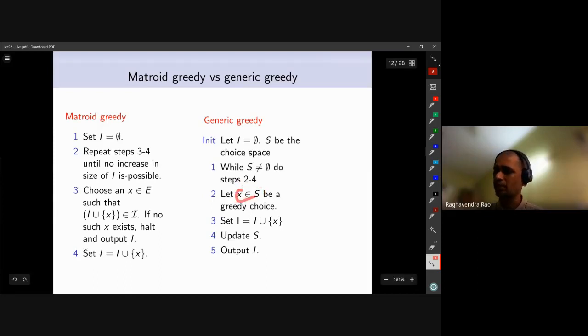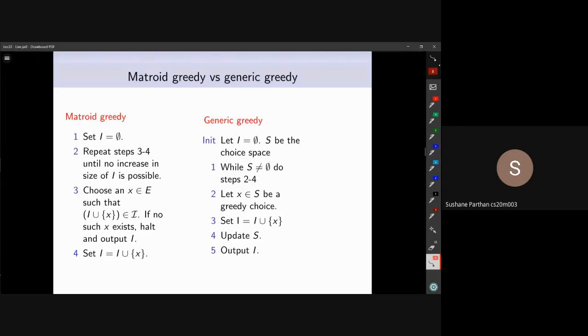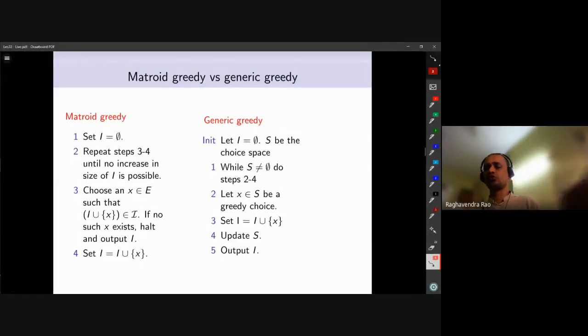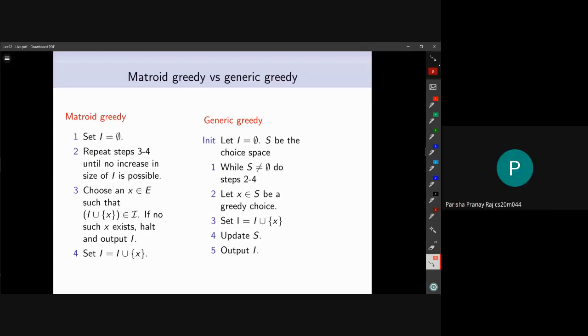It should be X from the choice space, the set of elements to choose from. Okay, then it's clear.